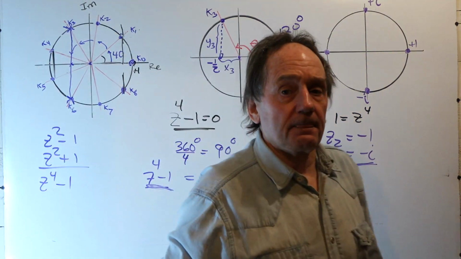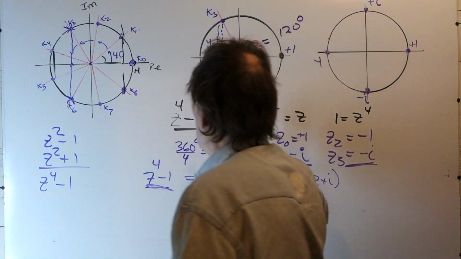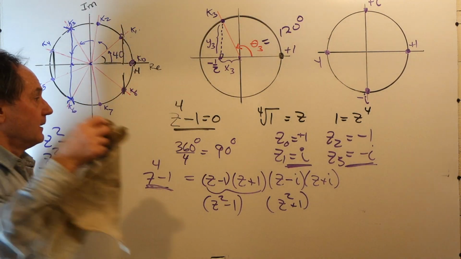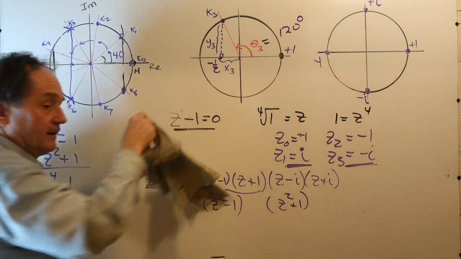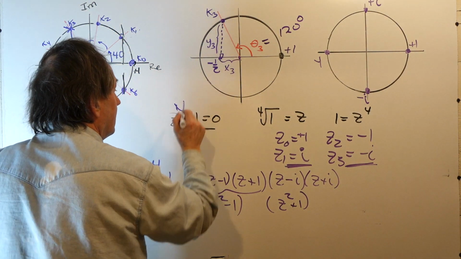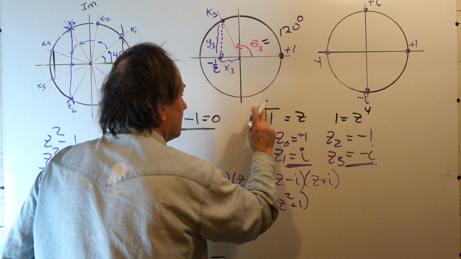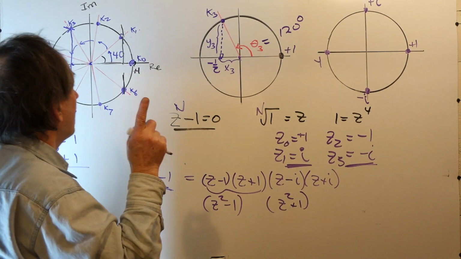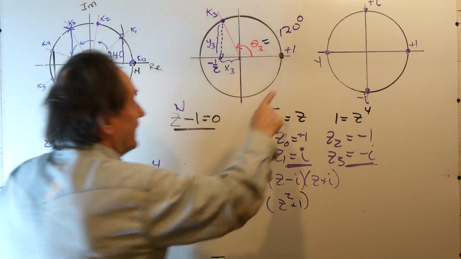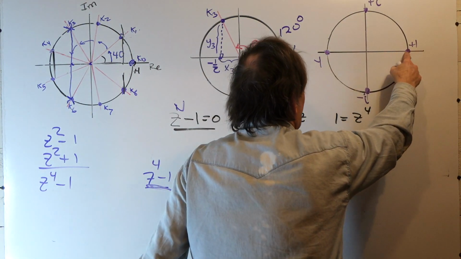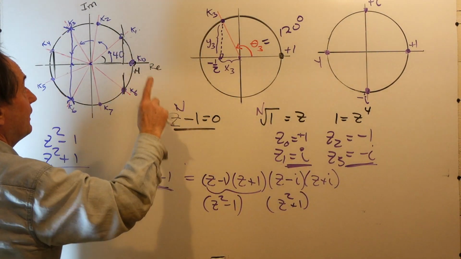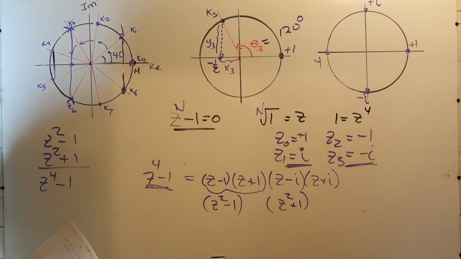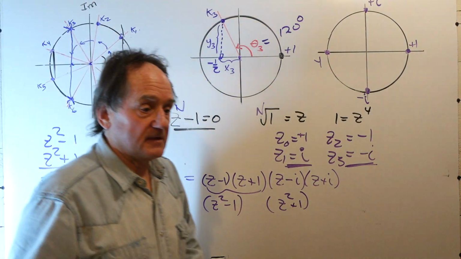This is always true on an equation of this form, where we have z to the n minus 1, where we're looking at the nth root of 1. If n is even, we end up with two real roots, one at -1 and one at +1. And if n is odd, we only have one real root at +1. And this is always the case. So that's how we find the roots of unity.